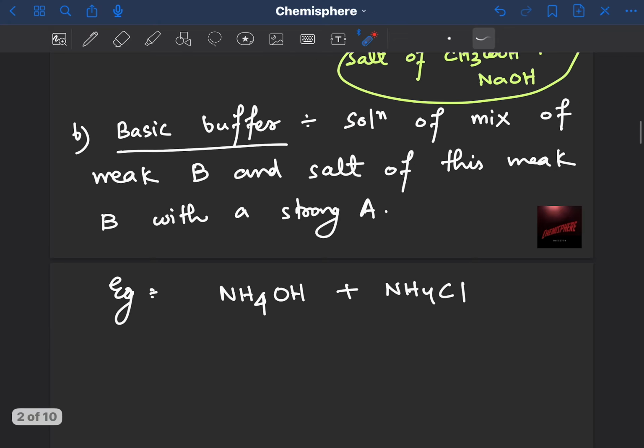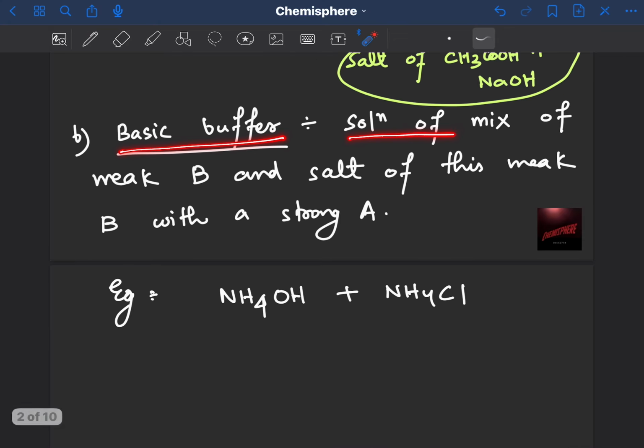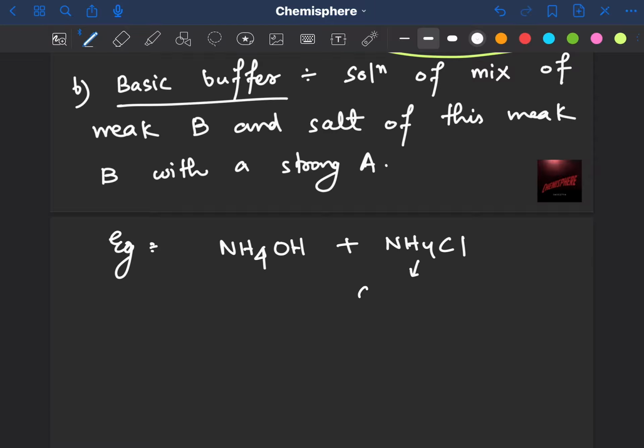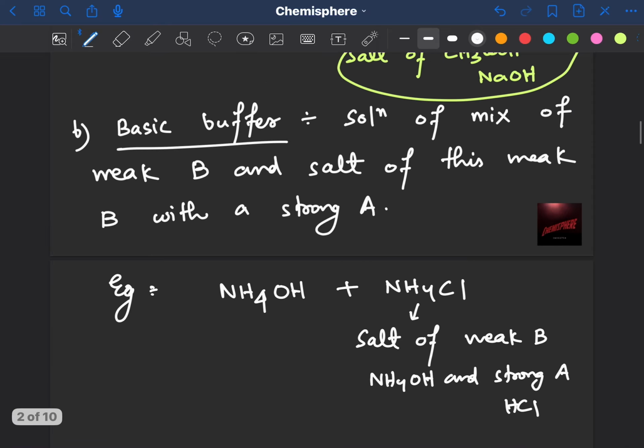NH4OH, ammonium hydroxide, is a weak base, and NH4Cl is a salt of this weak base NH4OH and the strong acid HCl. So these are the three types of buffer solutions that we can have.